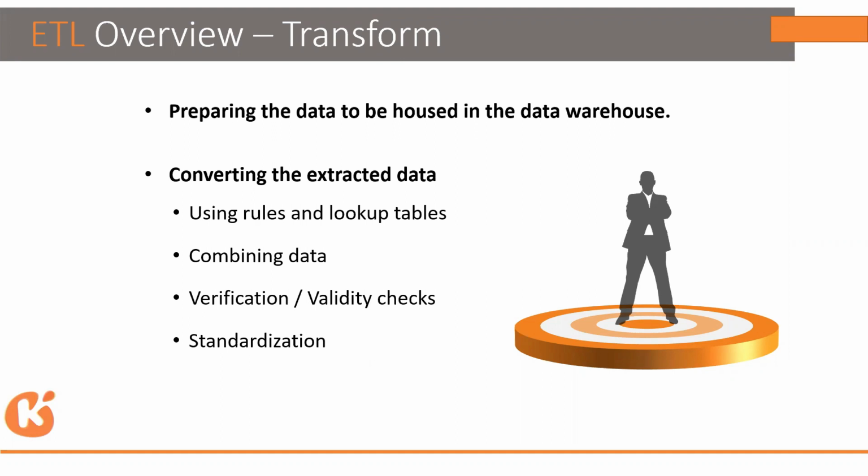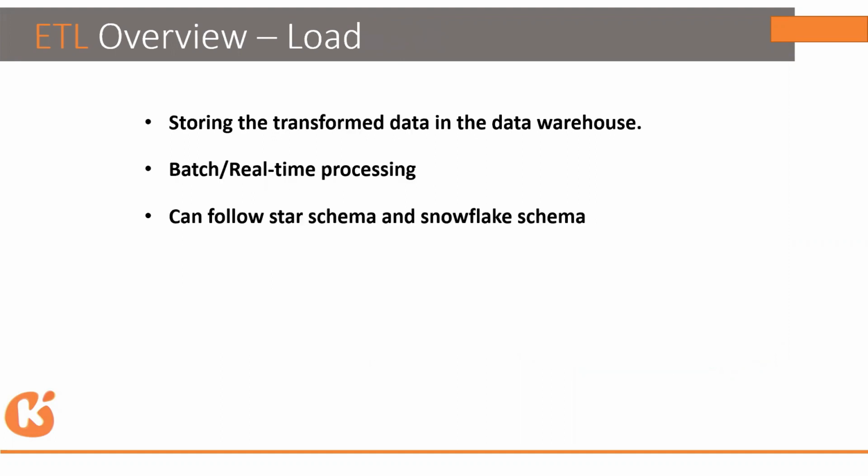And standardization of code, like what standard code we are going to use. So we need to maintain a standard naming convention, like the code name or data flow name or workflow name inside the code.